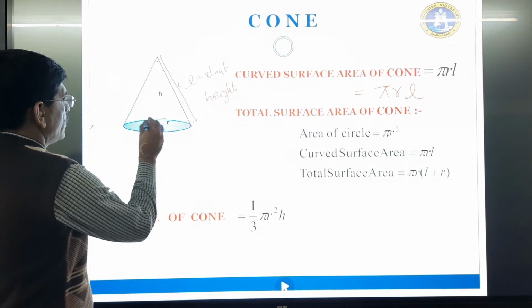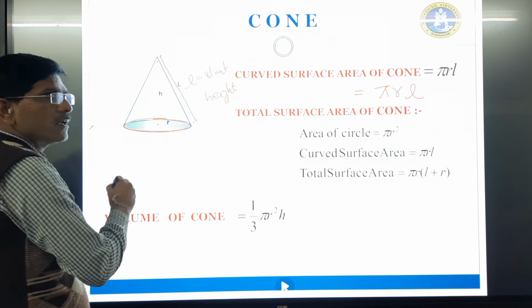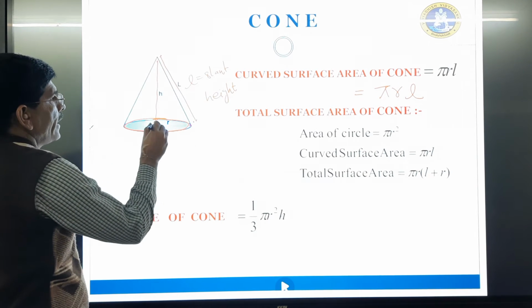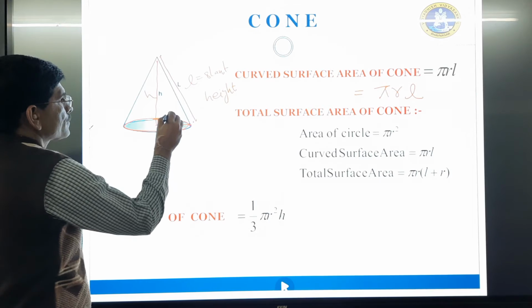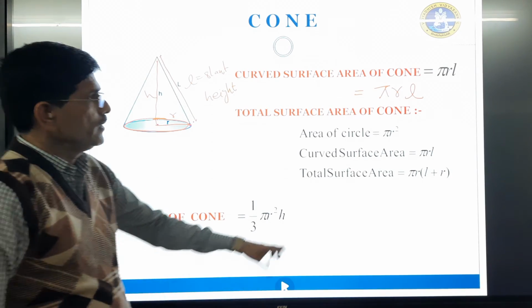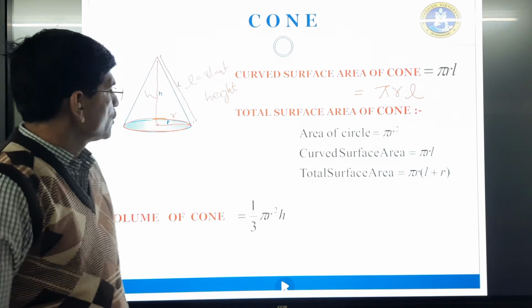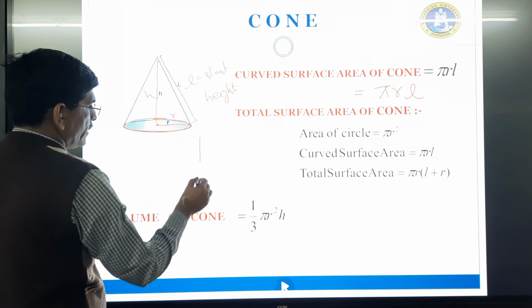Here we have a circle, the height, and the radius. How do we find the value of L? We can apply Pythagoras here.